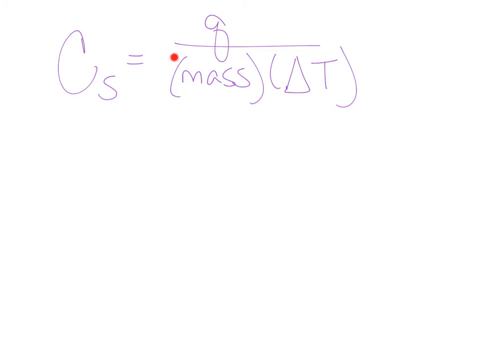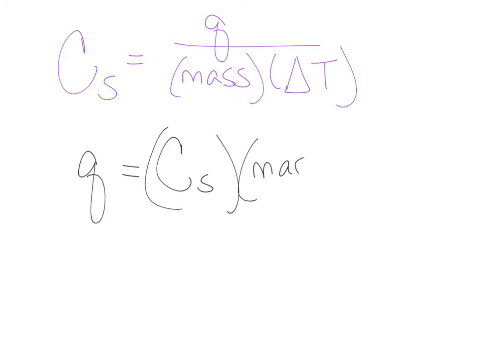So if I want to figure out the heat, I just algebraically manipulate this, multiply both sides by mass times change in temperature, and my new equation will be heat equals the specific heat capacity times the mass of my substance times the change in temperature.